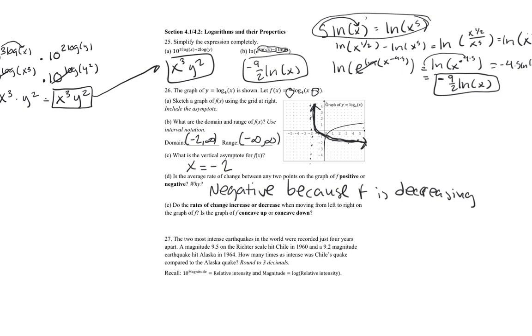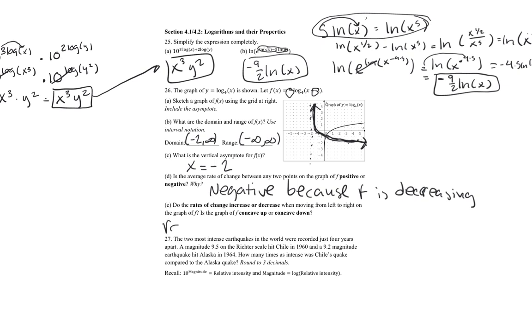Okay, so for part E, it says, do the rates of change increase or decrease when moving from left to right on the graph of f? Is the graph of f concave up or concave down? Like I said before, the rate of change we said was negative, so the rates of change are going to decrease.